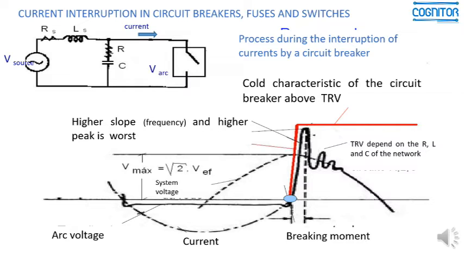This red line is a property of a circuit breaker, and the black oscillating line is something imposed by the circuit where the circuit breaker is inserted. The idea here is that the circuit breaker is fast enough to maintain the red line always over the transients that will appear due to the process of interruption. Basically, these figures represent what happens during the interruption of a circuit breaker.